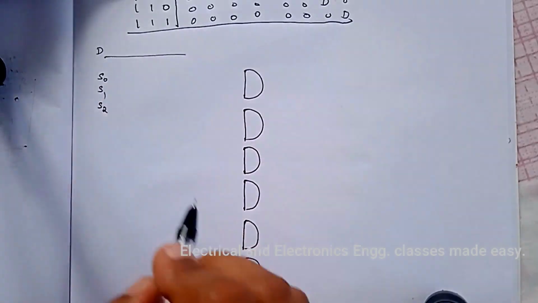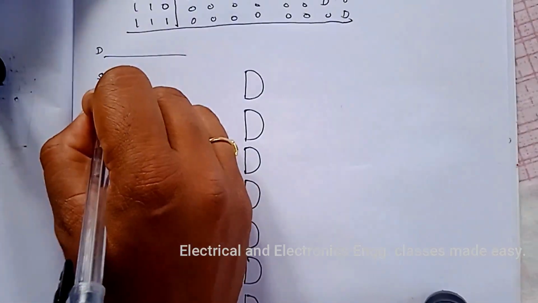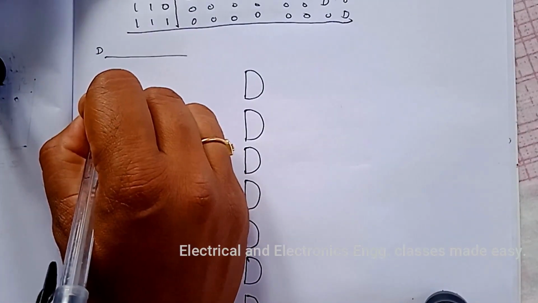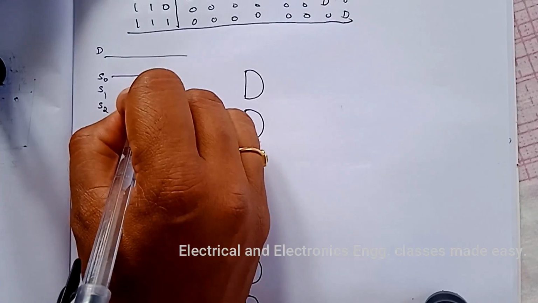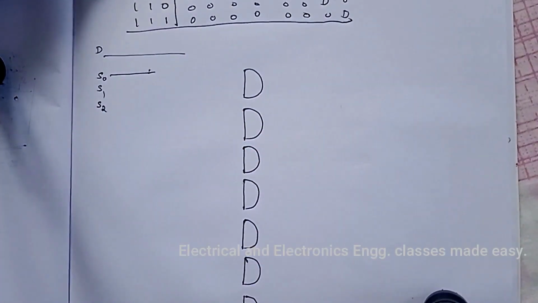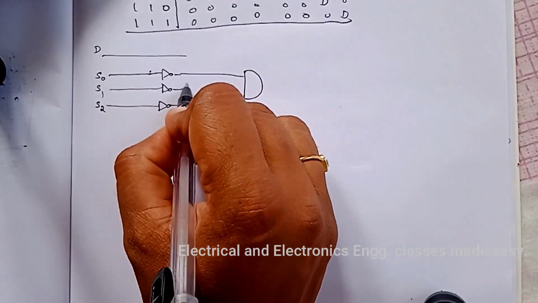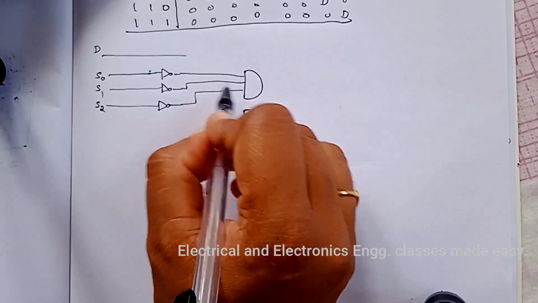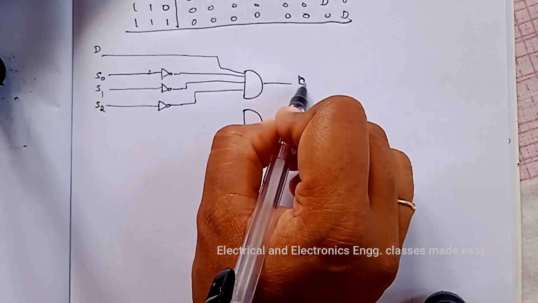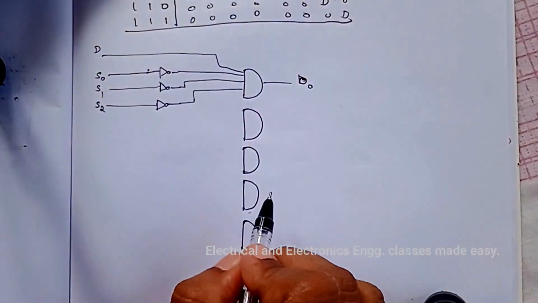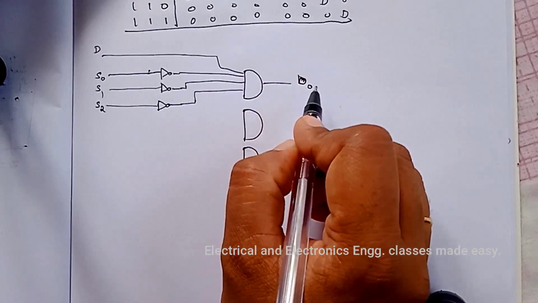So in the first case 0, 0, 0, then the data will be in the O0 line.